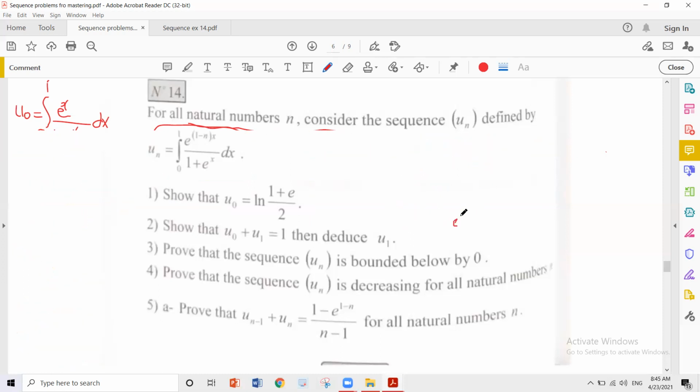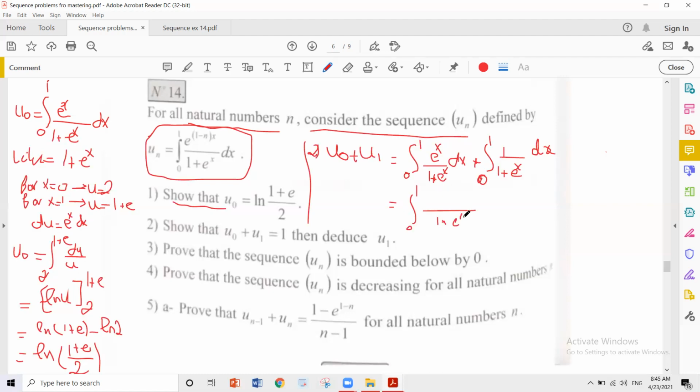The denominator is 1 plus e to the x, and on top we have e to the x plus 1 dx. e to the x plus 1 over 1 plus e to the x is 1.